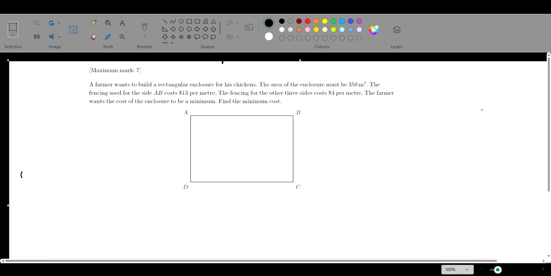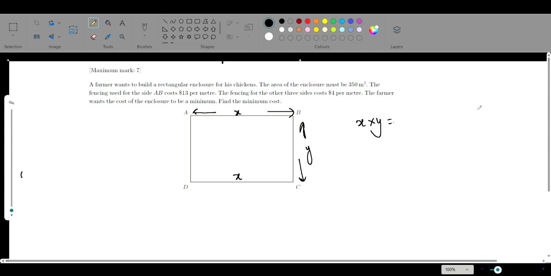So it would be 13L plus 4L, let the width be W. 13L plus 4L plus 8W is P. 17L plus 8W is P.